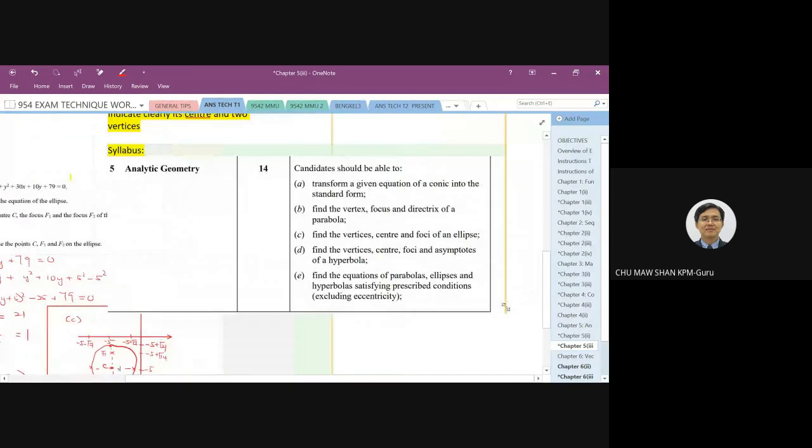I try to get some clue from the syllabus here. You see the parabola. Parabola, dia mau vertex, dia mau focus, dia mau directrix kan?